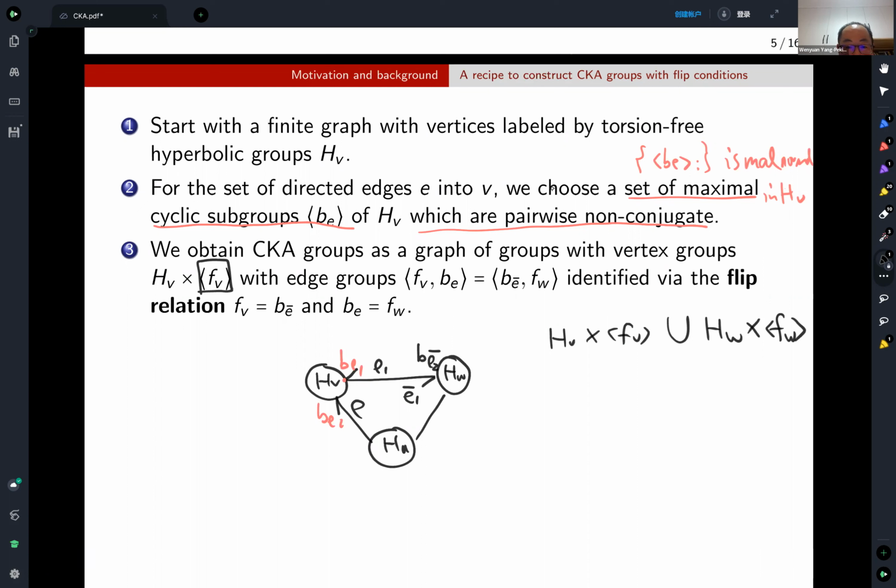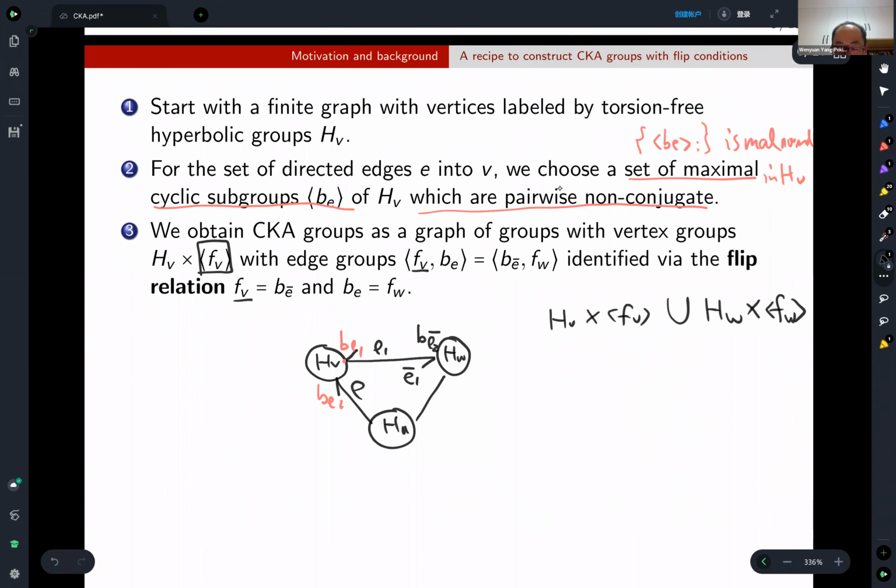This means we require the fiber FV to be equal to the boundary group of the adjacent vertex, and the boundary group of HV is equal to the fiber group of W. So we just do the flip trick. So we get this graph of groups.